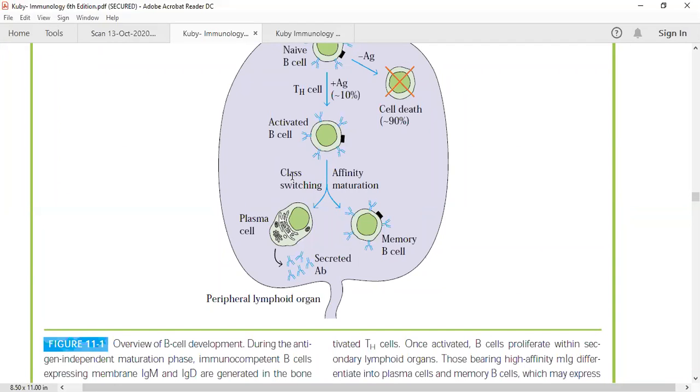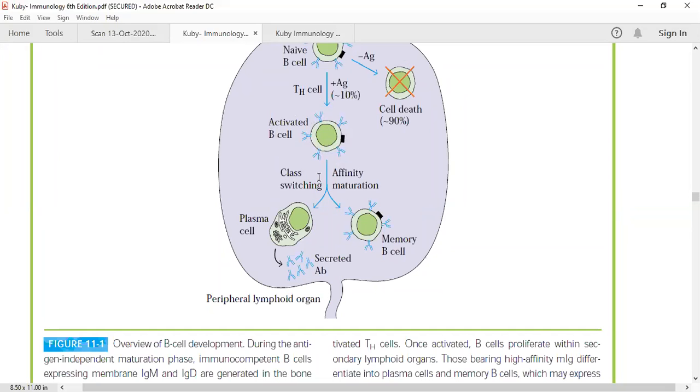So the class switching is actually, the activated B cells or the mature B cells are having only IgD or IgM antibodies, which are working as B cell receptors over the surface of these B cells, right?